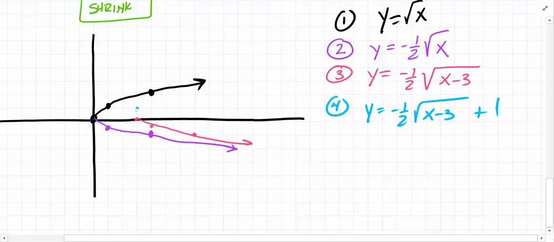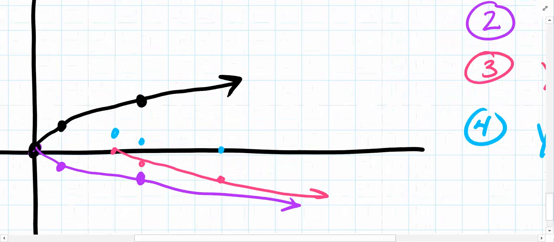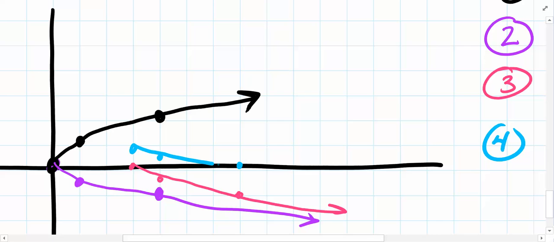If I zoom in on this, I would get this graph here, and I could label these points. This point would be (3, 1). This is (4, 1/2). And this point is (7, 0), right?